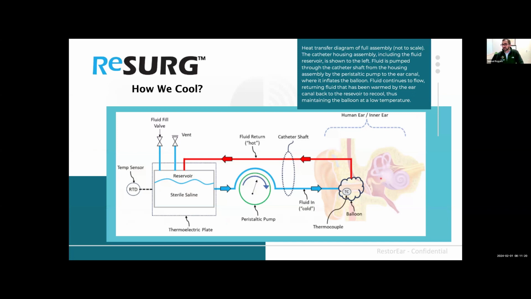And our application of how we give hypothermia has also changed. We used to initially put the probe right next to the bone on the promontory of the cochlea. Of course, that creates surgical challenges and others. So we moved it now to the ear canal. And what we do is we circulate cold liquid through a probe that sits in the ear canal to cool down the cochlea through heat convection.